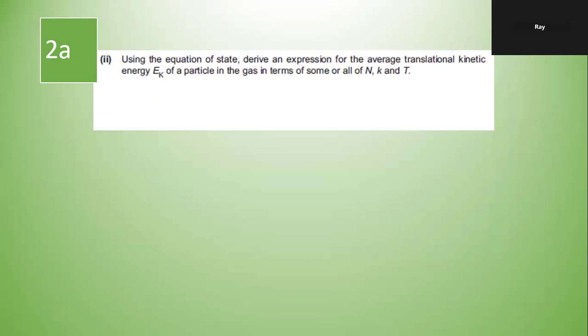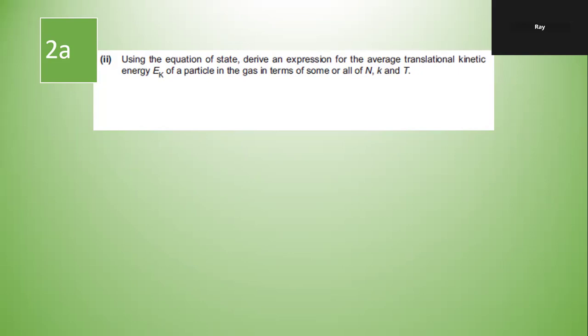Using the equation of state, derive an expression for the average kinetic energy of a particle in the gas in terms of some or all of N, k, and T. What should I do? Form two equations.